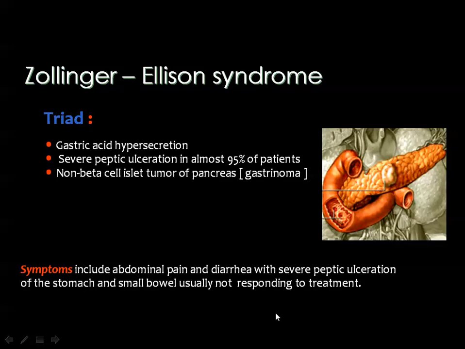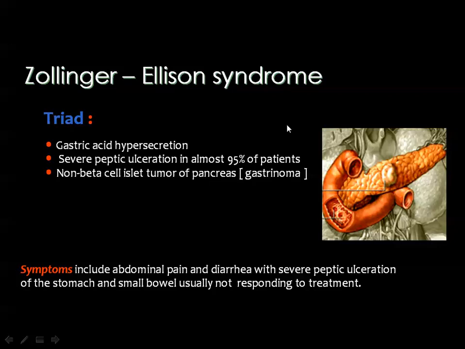You know that I have mentioned Zollinger-Ellison syndrome whenever I discussed gastric imaging, in the talk about peptic ulceration.